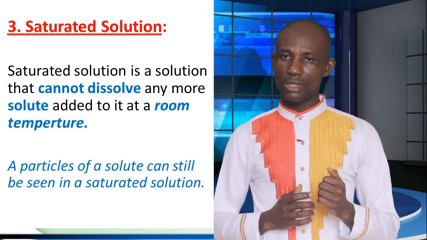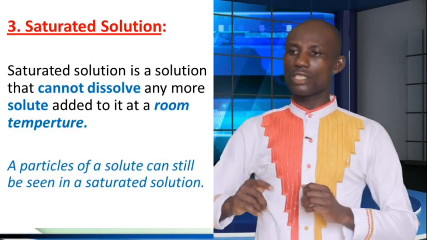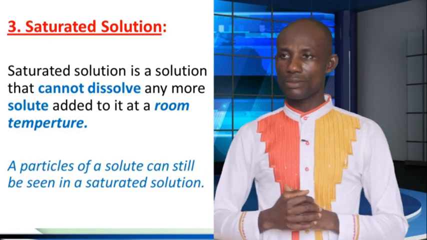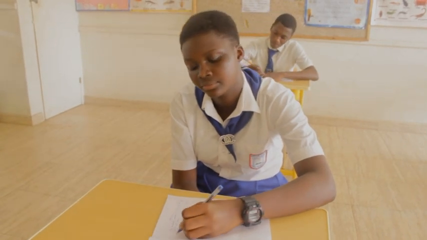And take note, room temperature here refers to the temperature within which you prepare the solution. If the weather is cold, that is the room temperature for that time. If the temperature is warm, that is the room temperature for this time. So room temperature doesn't mean a temperature existing in a particular room, but it is referring to the temperature at which the solution is prepared.